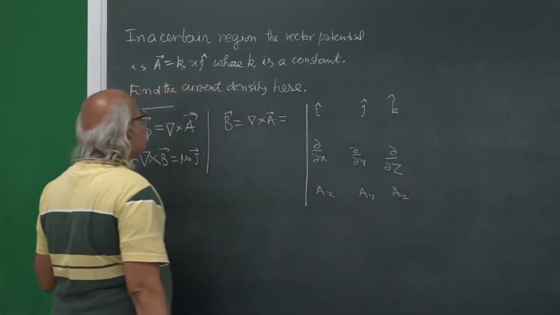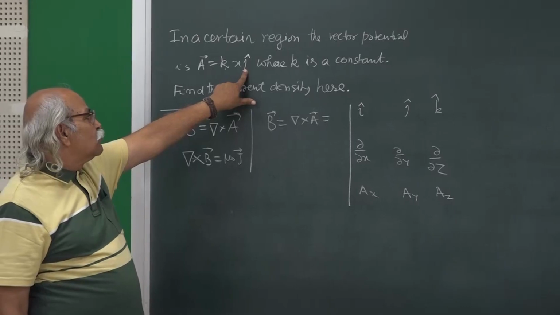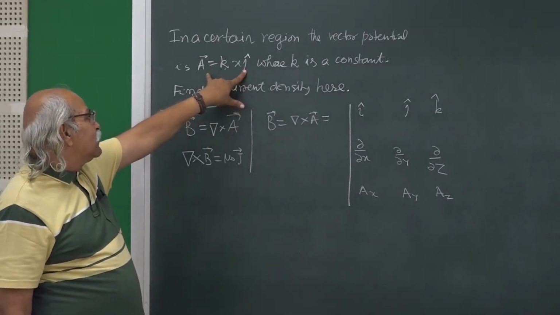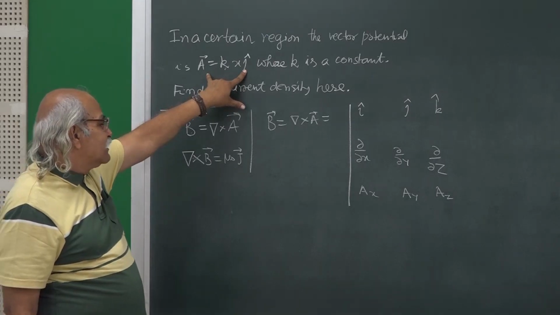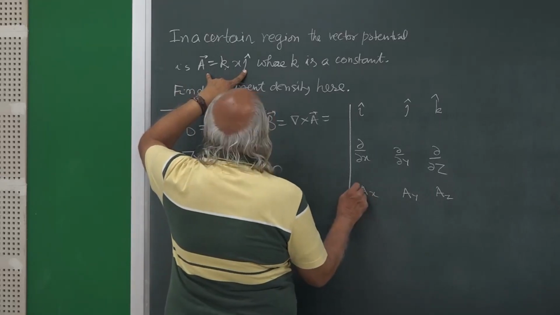So, here we only have j cap, we do not have i cap, we do not have k cap. So, y component is there, x component is 0, ax is 0 and az is 0.